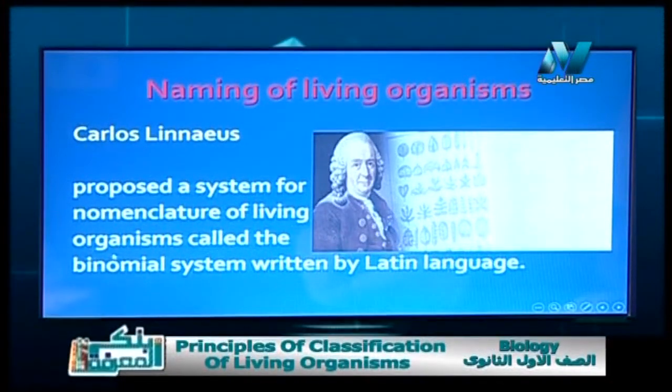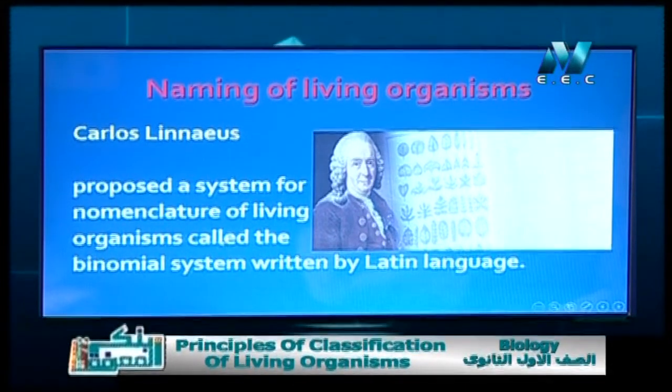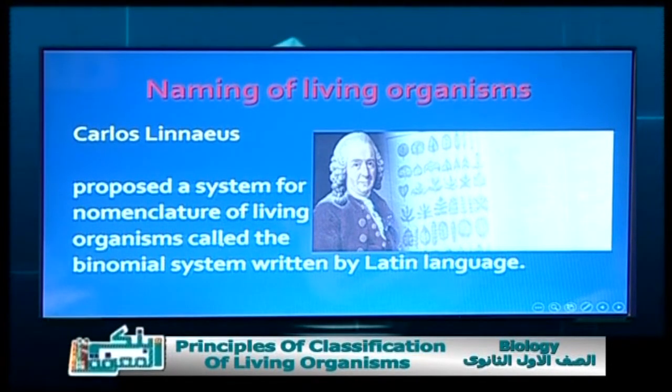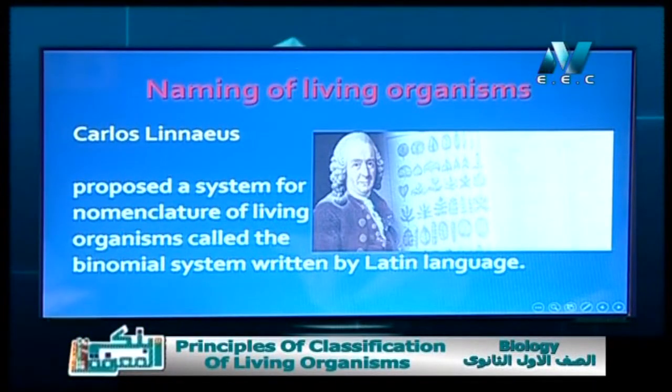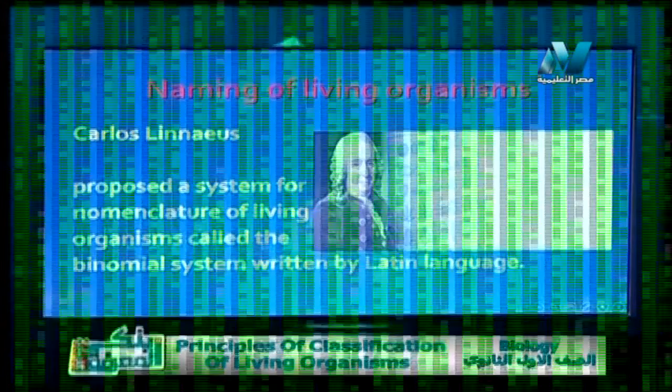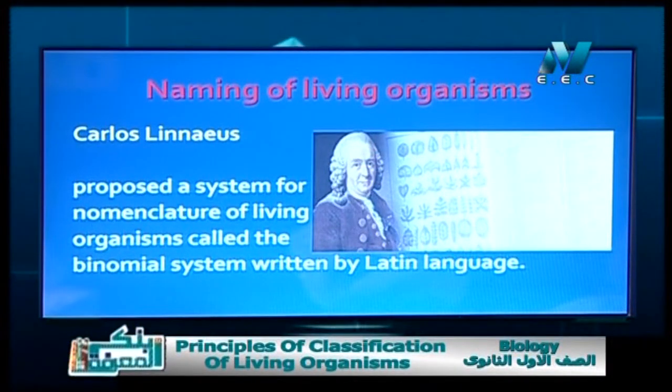And this binomial system is written in the Latin language. Why did he use the Latin language? Because Latin is not spoken by people nowadays, and because it is not used, it is protected from any modification or change.